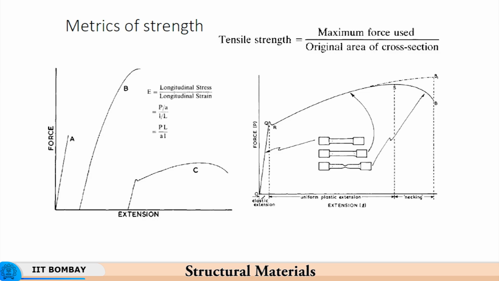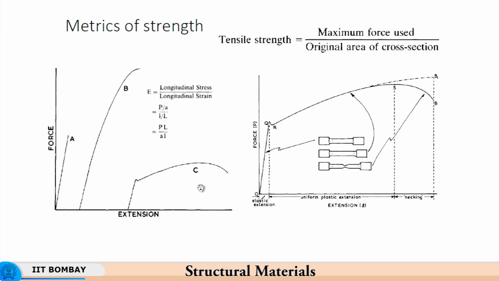So, there is absolutely no permanent deformation, there is no yielding, there is no plastic deformation. So, here the material gets loaded up to point A elastically. So, if you release the load at any point before A, the entire strain is going to vanish, the entire extension is going to vanish. So, the whole deformation is going to be retrieved back. Now, this material is called a brittle material. That is because there is absolutely no plastic deformation taking place.